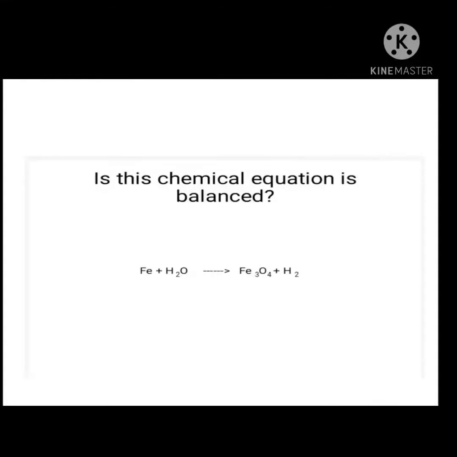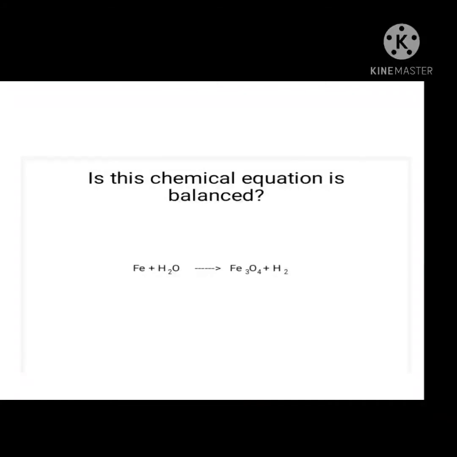So, the equation is not balanced according to the law of conservation of mass, because the number of atoms of each element on the left hand side is not equal to the right hand side. Therefore, by using the law of conservation of mass, the equation is not balanced.